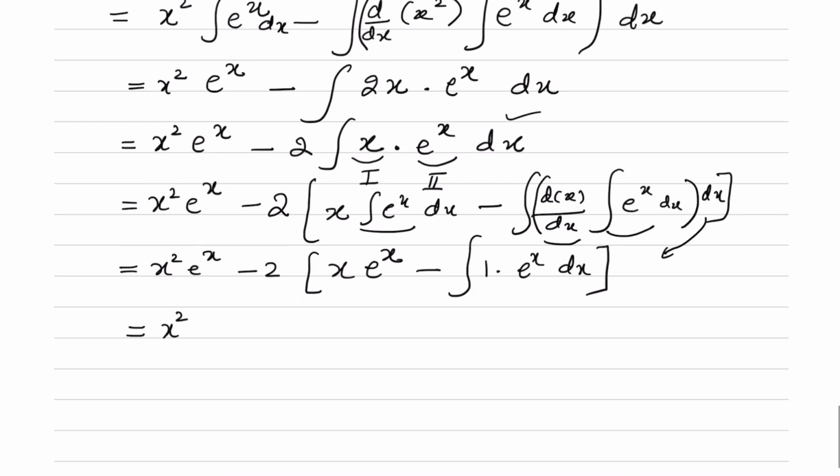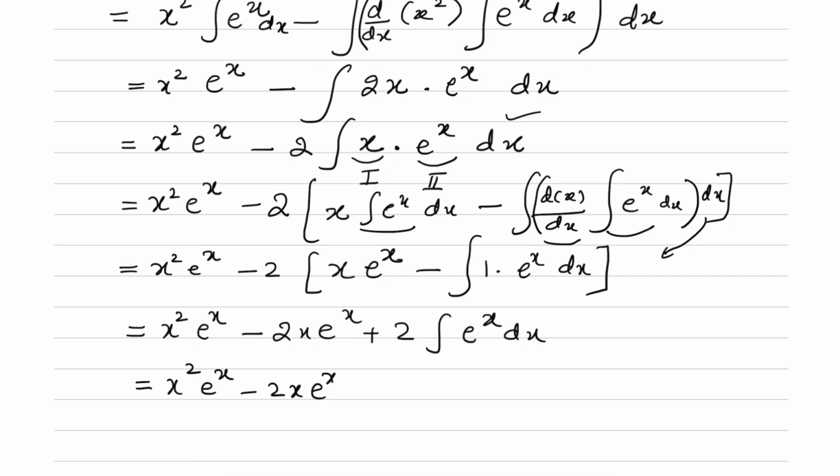We have x square e power x minus 2x e power x, minus minus plus 2 times the integral of e power x dx. We have x square e power x minus 2x e power x plus 2 e power x, since the integral of e power x is just e power x, and we put a constant. So we have just solved the integral of x square e power x dx by integration by parts.